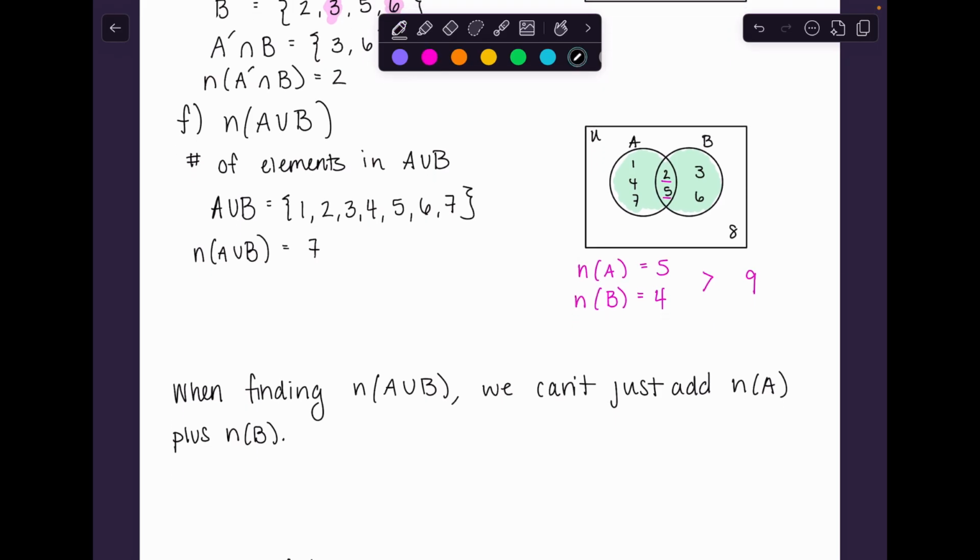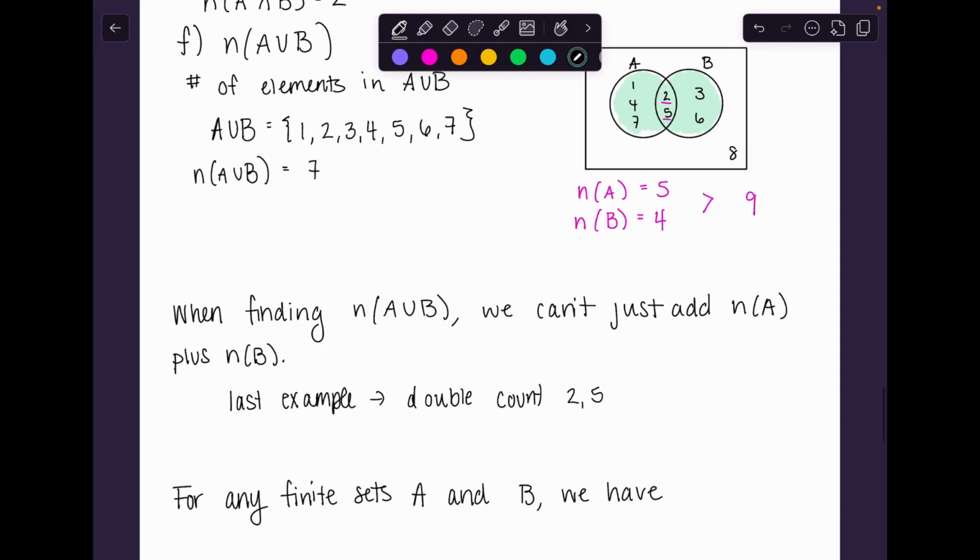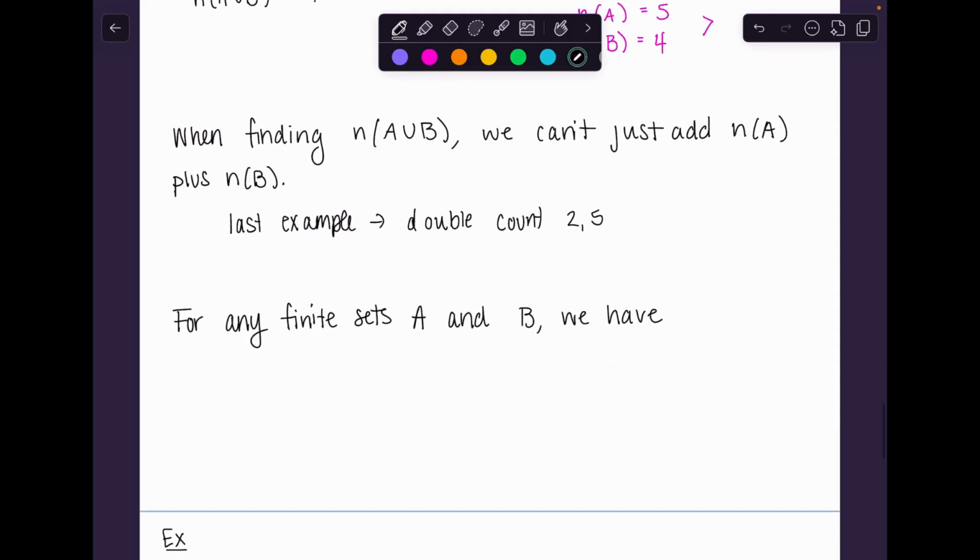In this case, in the last example, you double count the numbers 2 and 5 because they belong to both sets. So really what happens for any finite sets, if I want to find the number of elements in A union B, you can just find each separately.